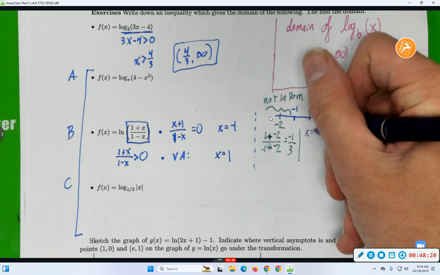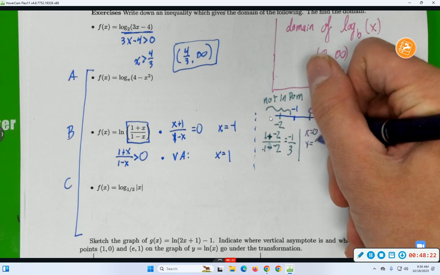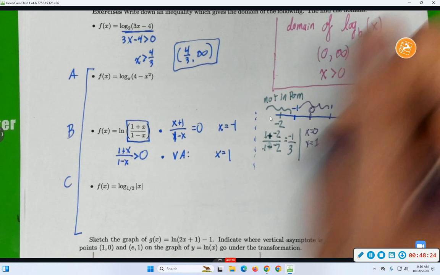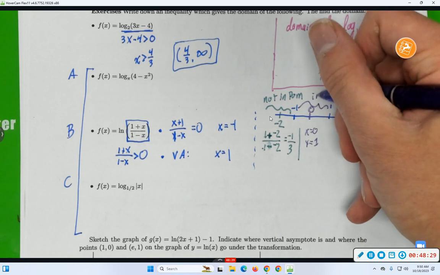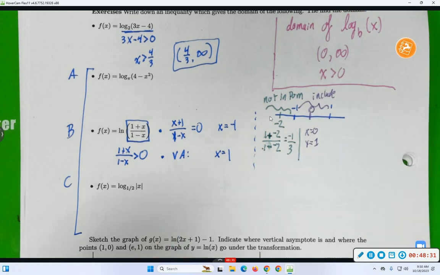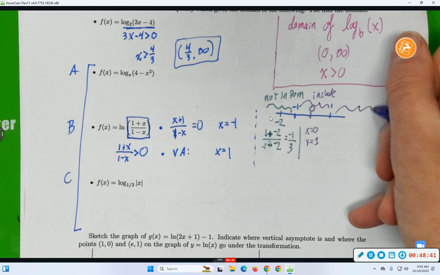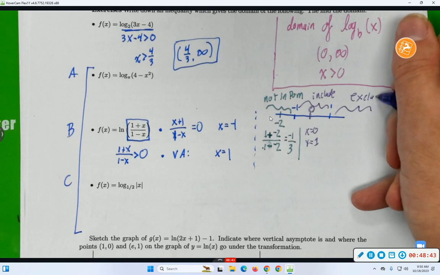So x equals 0 goes to this thing being equal to 1. Should those numbers be included or excluded? Numbers bigger than 1, do you think they'll be included or excluded? Excluded. How many people have actually already checked a sample point? Cool. Can you confirm? Excellent. Those numbers will be excluded.